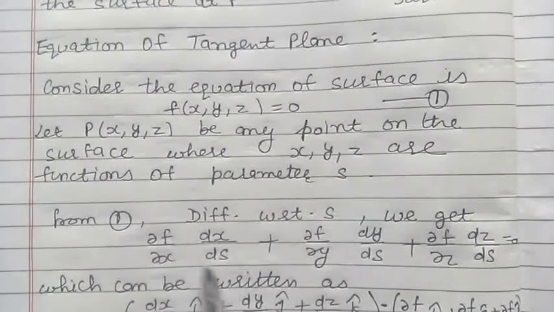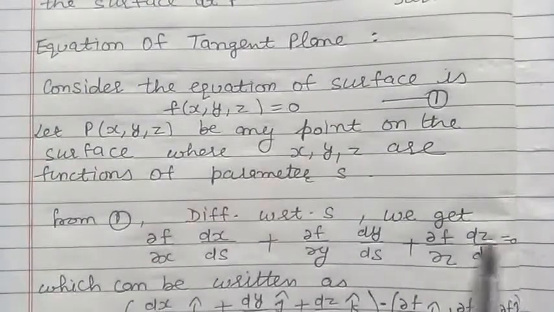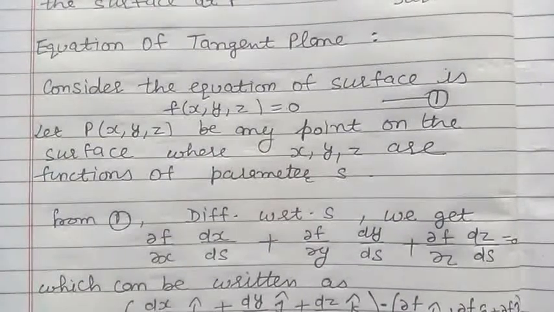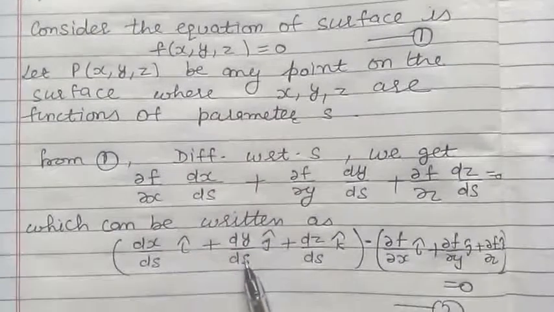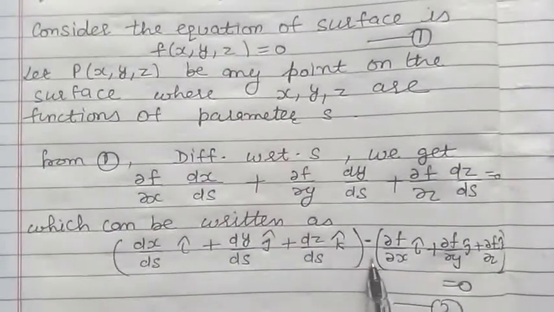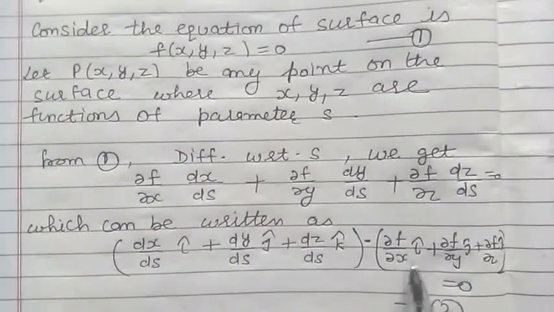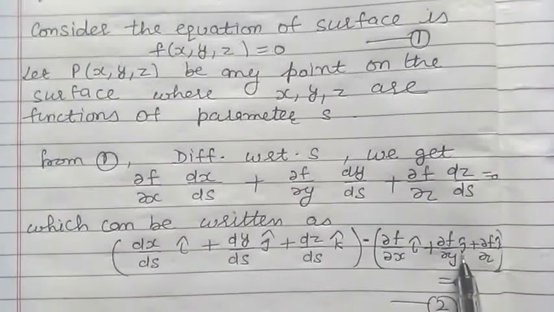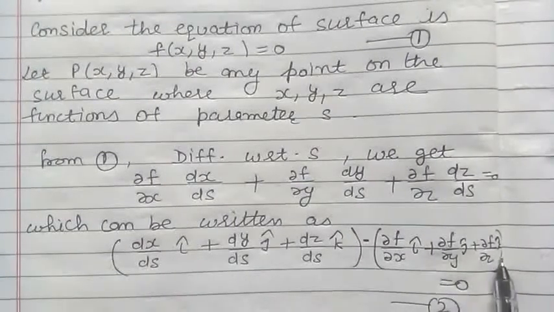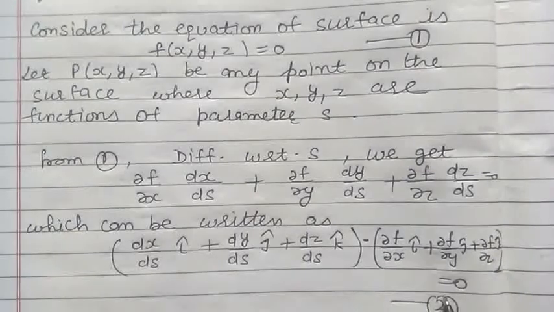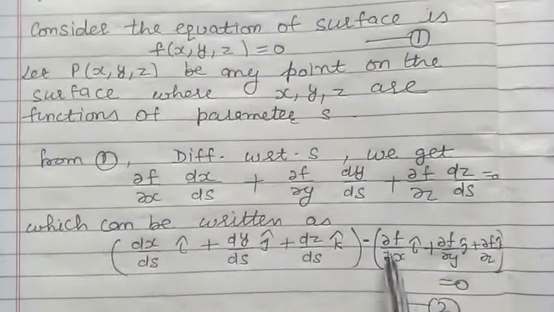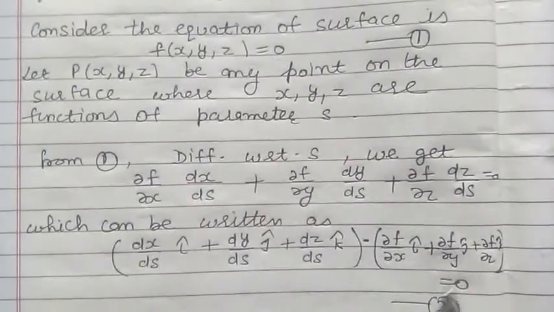So dx/ds, dy/ds, dz/ds in vector form becomes (dx/ds i cap plus dy/ds j cap plus dz/ds k cap) dot (∂f/∂x i cap plus ∂f/∂y j cap plus ∂f/∂z k cap) is equal to 0. Now this expression denotes the gradient of f.